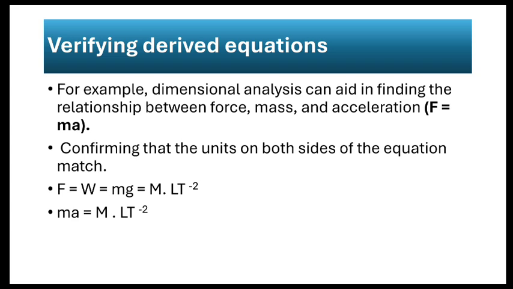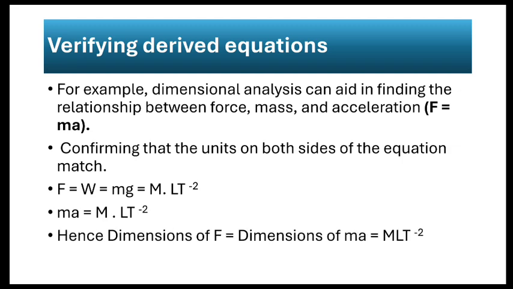Means F equals ma is verified as a correct equation. Why? Because the left hand side and right hand side dimension formulas are both the same. Hence the dimensions of F equal the dimensions of ma, that is M L t power minus 2. This is the dimension formula for force.